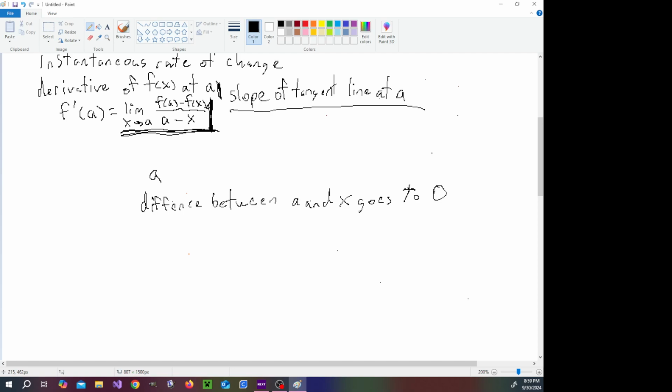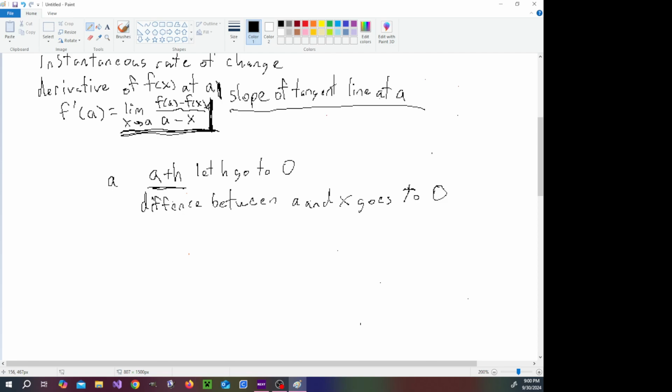So if I'm taking the limit at a value a, then how can I represent something that is going to be just a little bit bigger than a? Well, I can introduce a variable h and let h go to 0. So if this is the first point, and then a is the second point, then the difference between a and a plus h is going to 0, right?